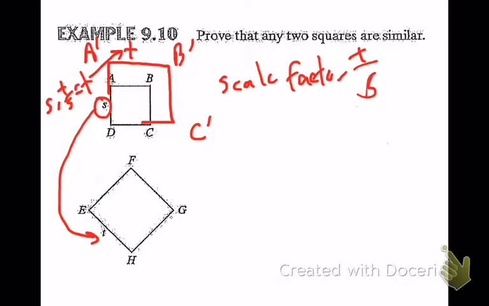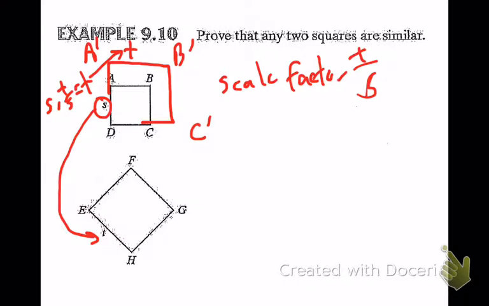And then what do we do to make it be like EFGH? What's the isometry that I do after the size transformation? What do I do? Isometry? Yeah, which one? Yeah. Rotation. Yeah, it's a rotation.